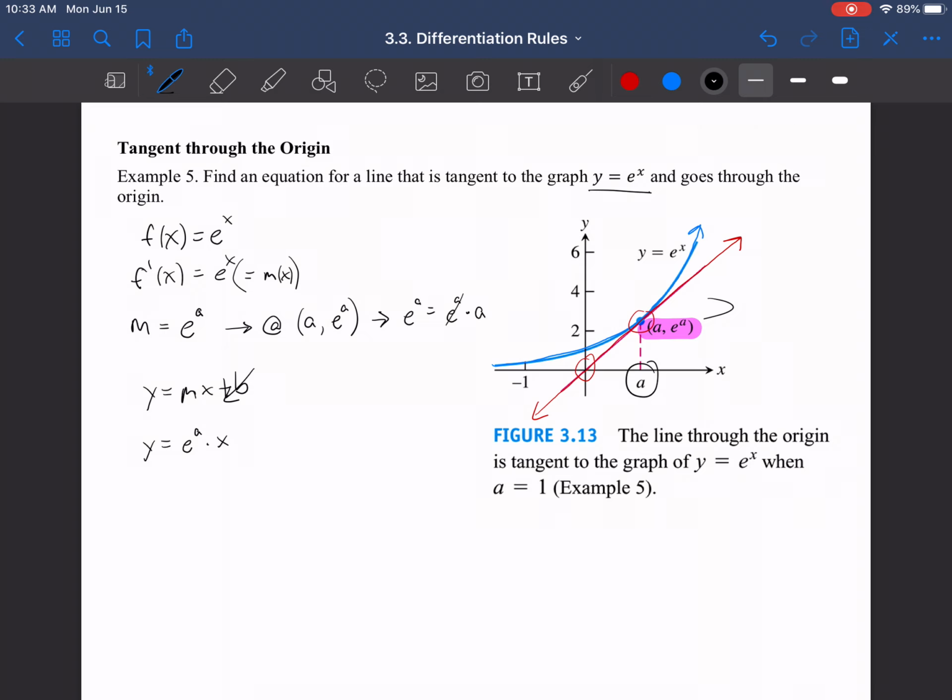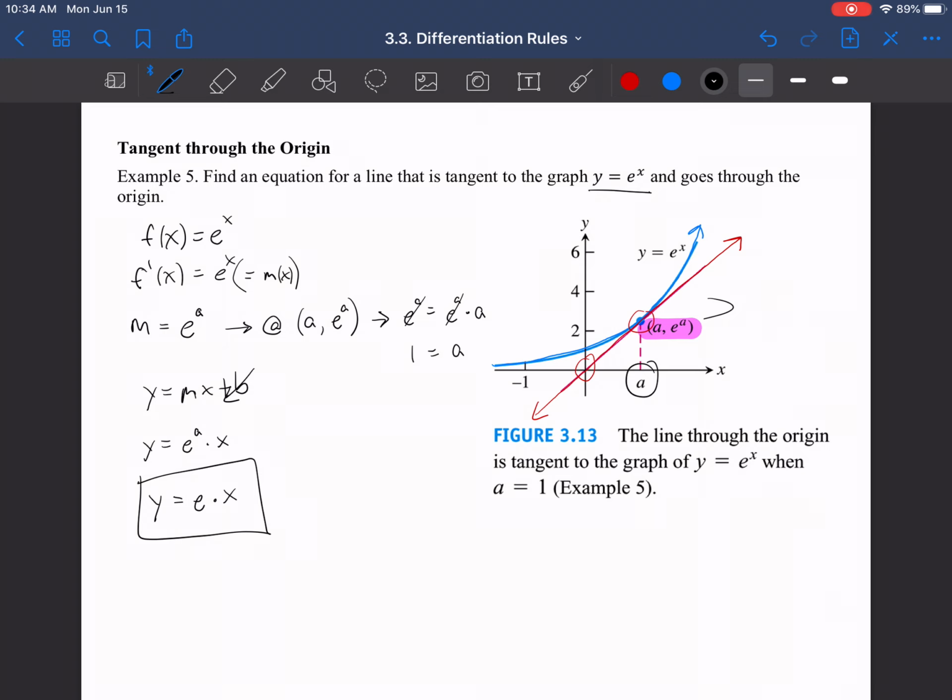The e to the a's will cancel, and that'll leave us with just a equals 1. And therefore we know that a equals 1, and we can come down here, plug that in, and we get e to the 1 times x. So our function is y equals e, Euler's number, times x. And that right there will be the equation for our red line that is tangent to e to the x and goes through the origin.